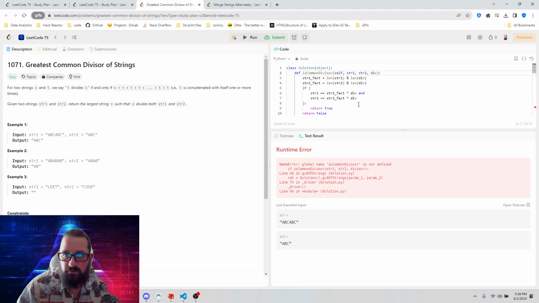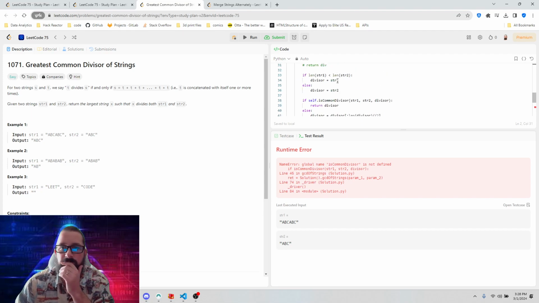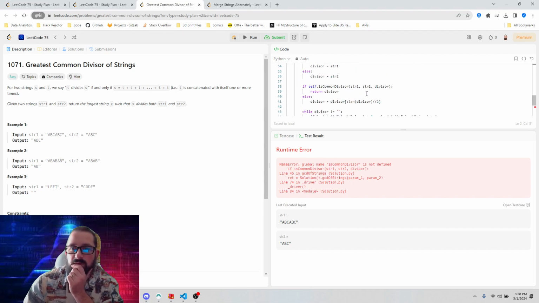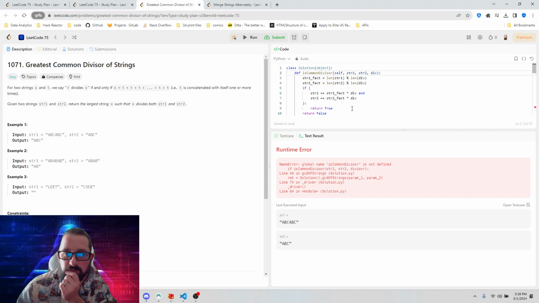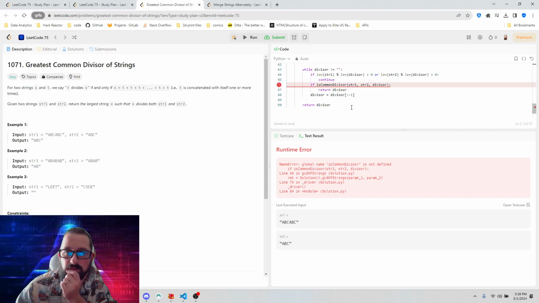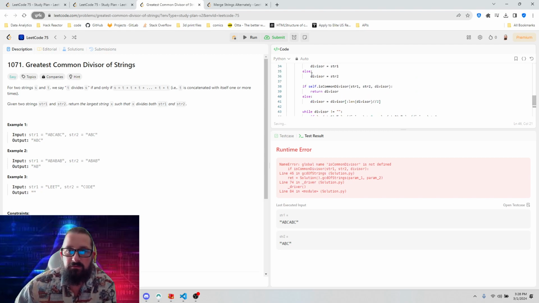Is common divisor string 1, string 2, div. Did I spell something wrong? Is common divisor. Oh, I forgot a self. Oy, so many selves.